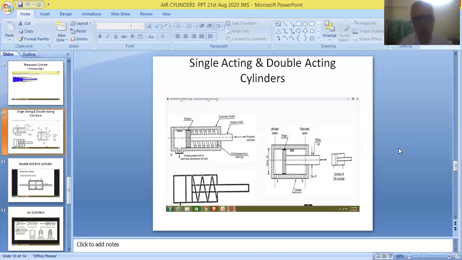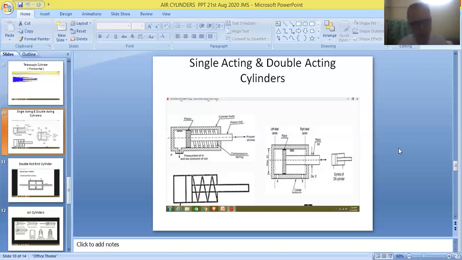So friends, we have to be careful with the construction of these two items, the arrangement of cylinder ports, and the proper usage of DC valves. Two-way and three-way valves have only one outlet, so they are only suitable for single acting cylinders.